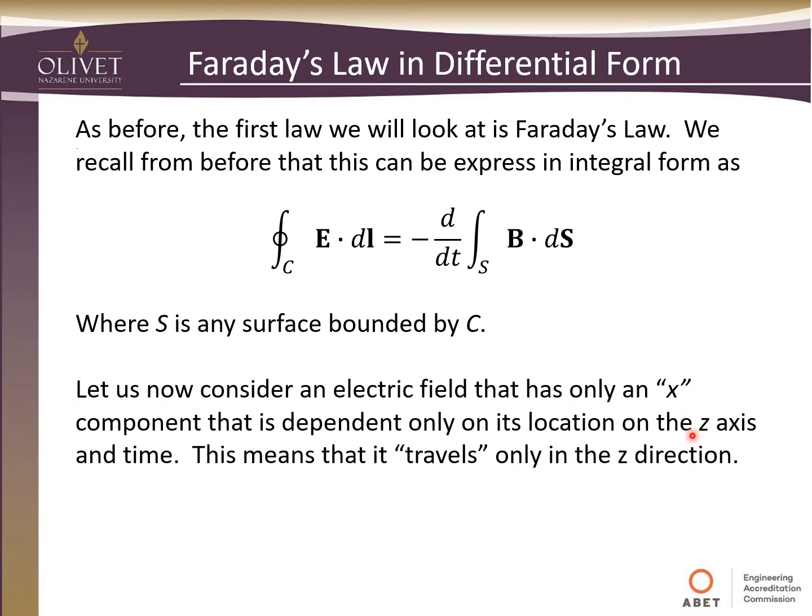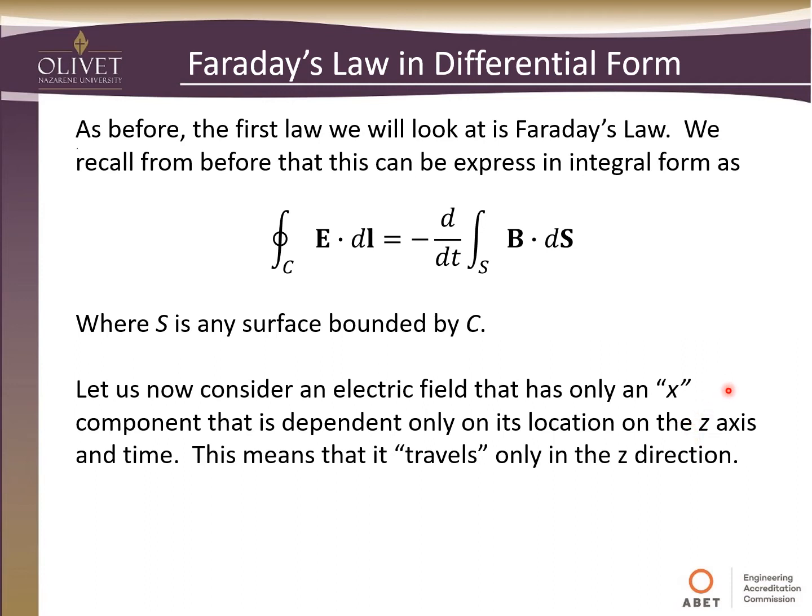So to do the differential, or to demonstrate how this works, we want to consider an electric field that only has an X component, that is, it only has an Ex. Ey and Ez, which are in the Y and Z directions, don't have any component there, so they're zero. There's no change there.